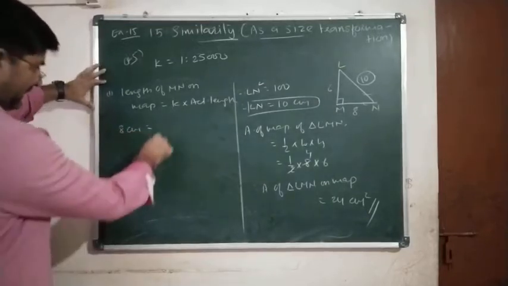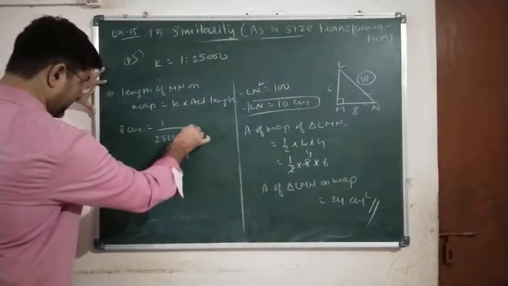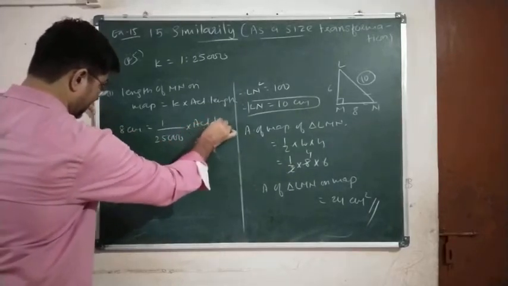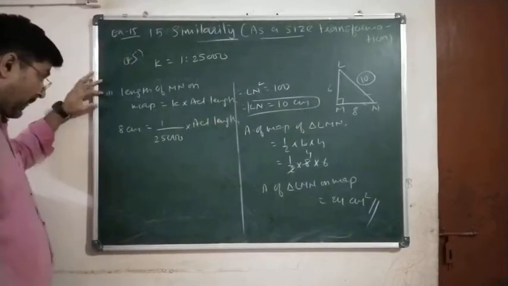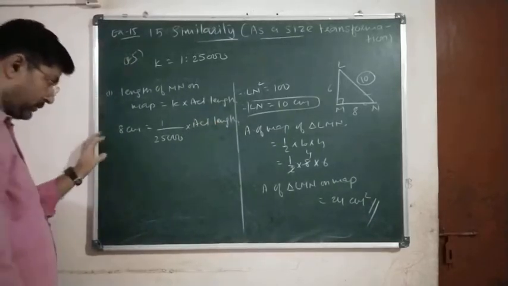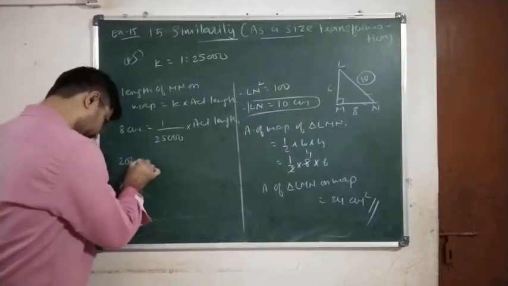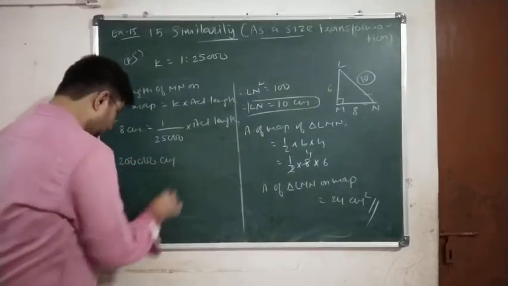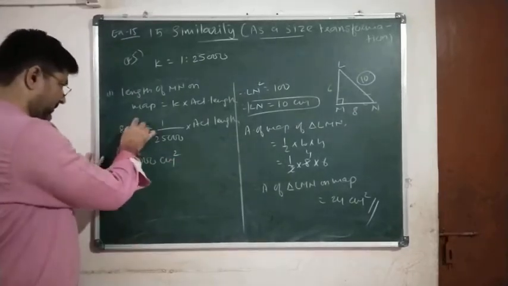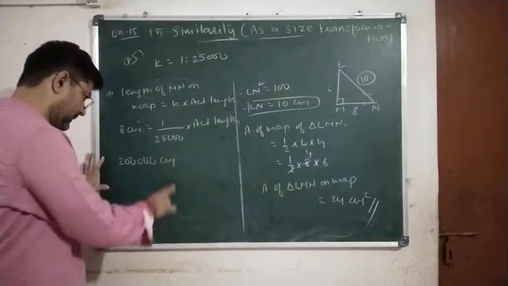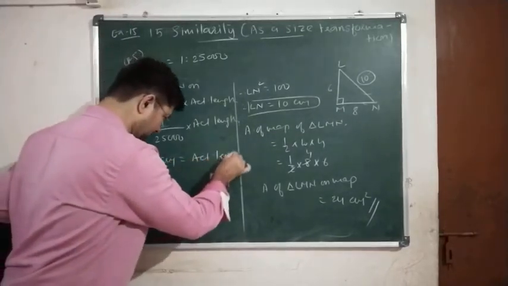The value of k is 1 upon 25,000, into the actual length we have to find out, in kilometers. Now 25,000 into 8 centimeters, only centimeter because this is the length, is equal to the actual length.